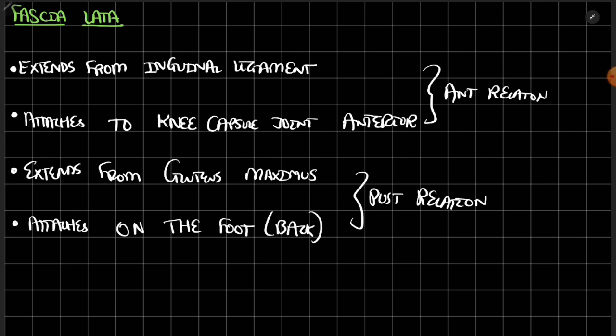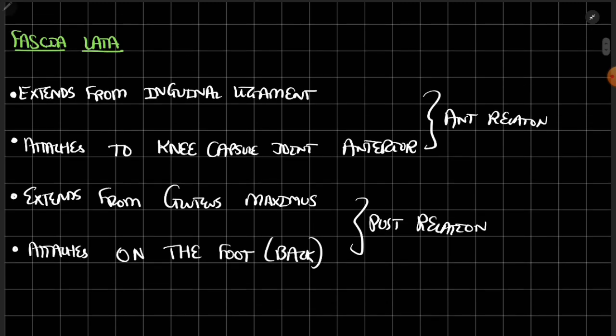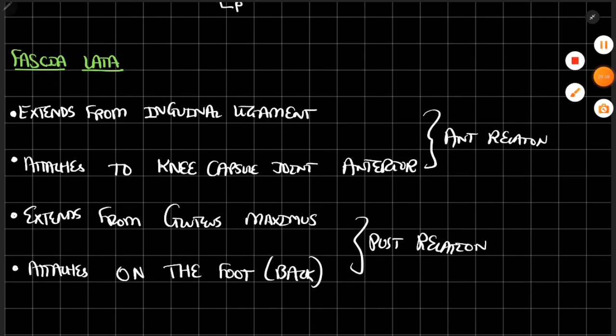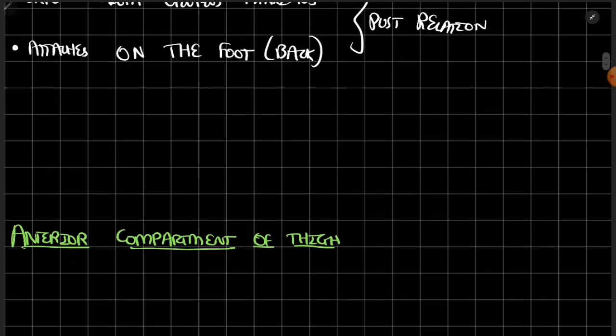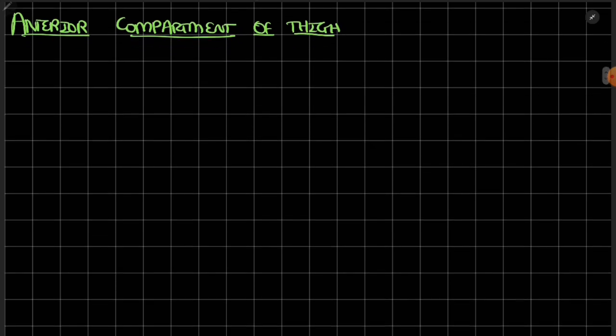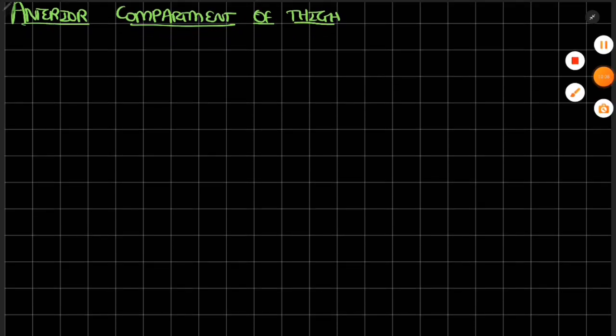This is for understanding. This is not theory or something like that, but it is for understanding what the fascia lata is and where its attachments are. Fascia lata is the modification of deep fascia. So in the anterior compartment of the thigh, which we are going to study now, the fascia lata is present.